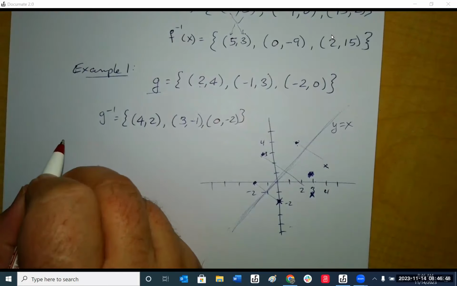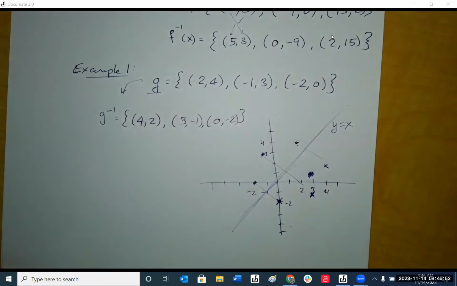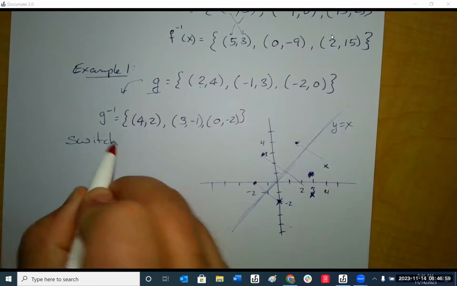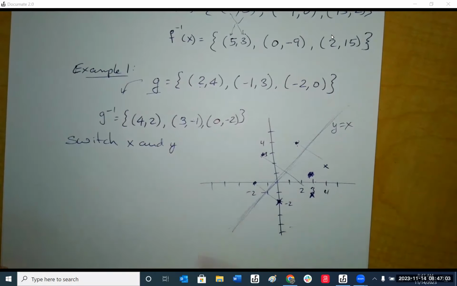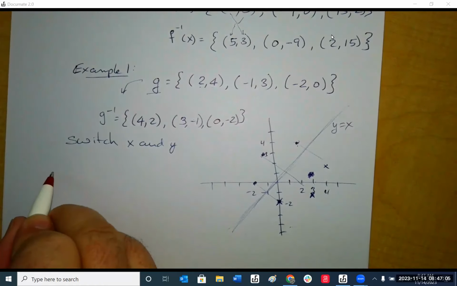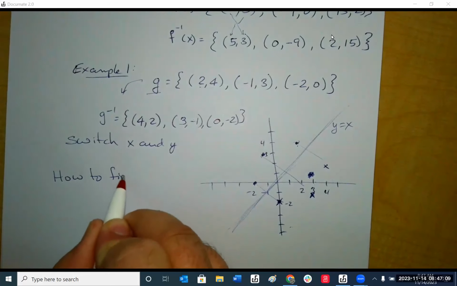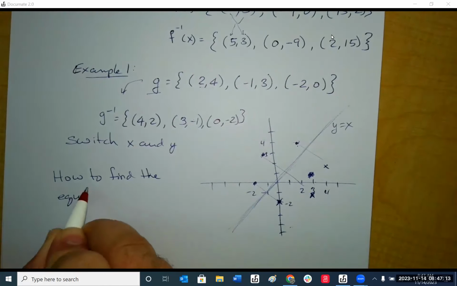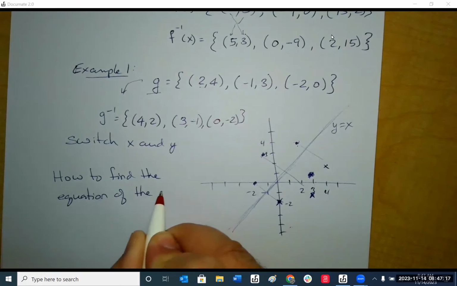Let's see example 2. So how do we find this inverse graph? What do we do? Yeah. Switch x and y, which is how to find the equation of the inverse.